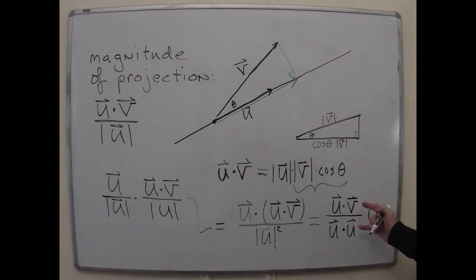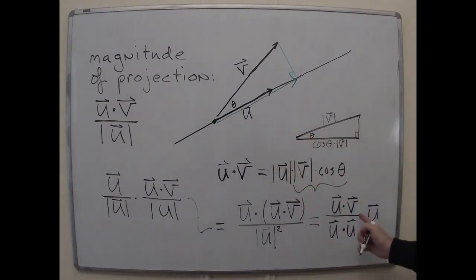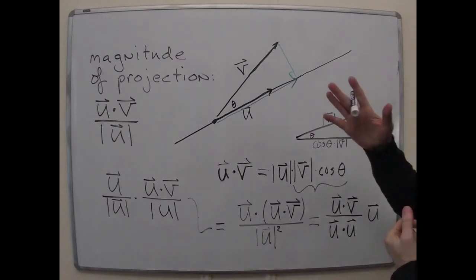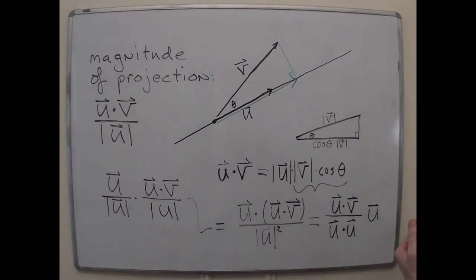In other words, to get the projection of v into the direction of u, you take the dot product of u and v and divide by the dot product of u and u. It's kind of cool that you divide by the dot product of u and u, because should the length of u have any impact on the result of this?